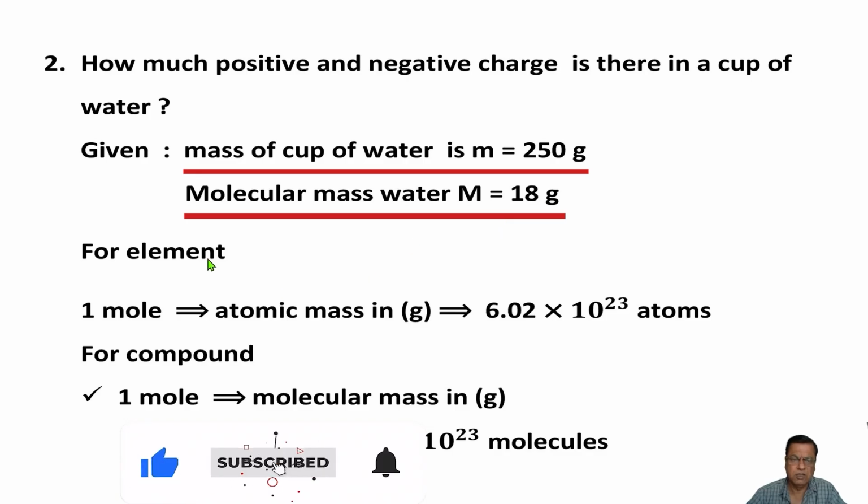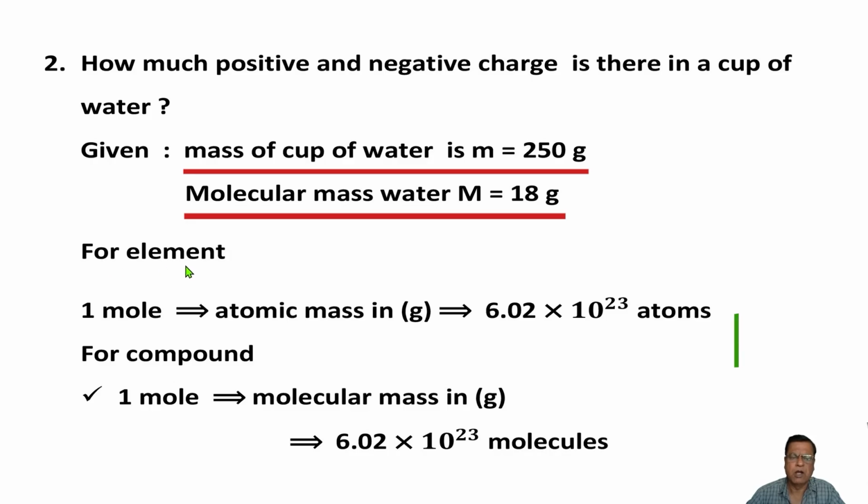Now listen, this is the basic knowledge you have to memorize. For an element, meaning hydrogen, helium, lithium, beryllium, boron, carbon, nitrogen, etc., the mass of 1 mole of the element is equal to the atomic mass in grams, and it contains 6.02 into 10 raised to 23 atoms.